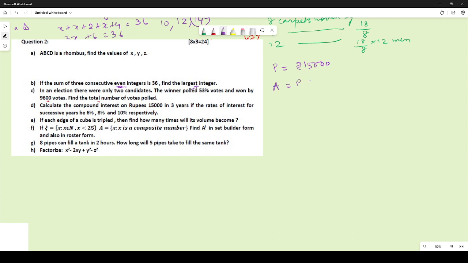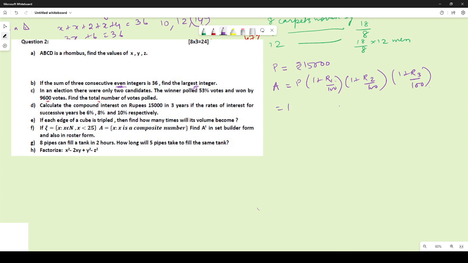Amount is equal to P into 1 plus R1 by 100 into 1 plus R2 by 100 into 1 plus R3 by 100.